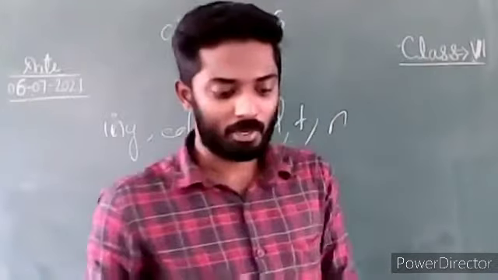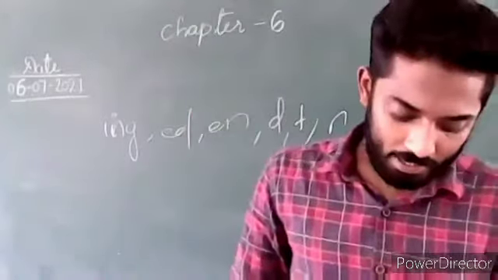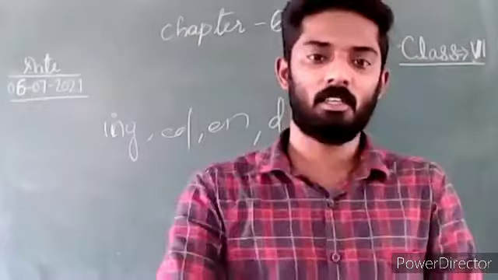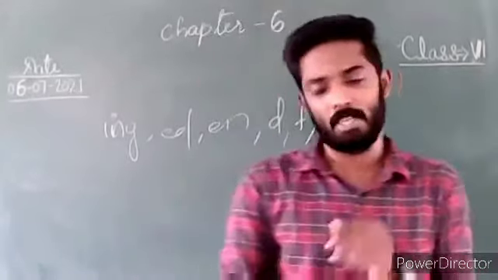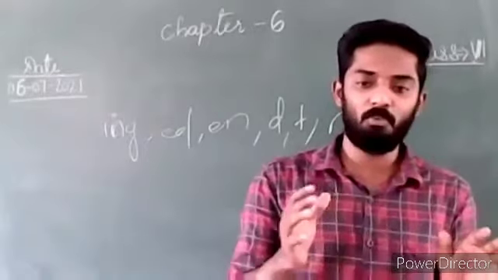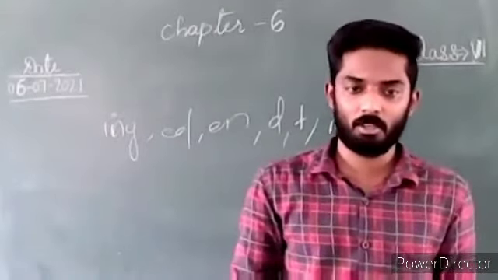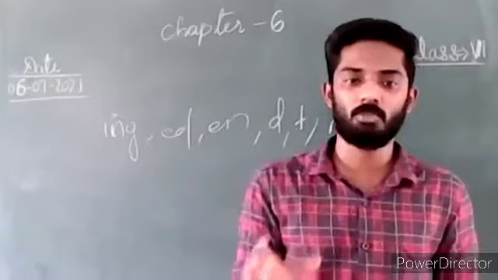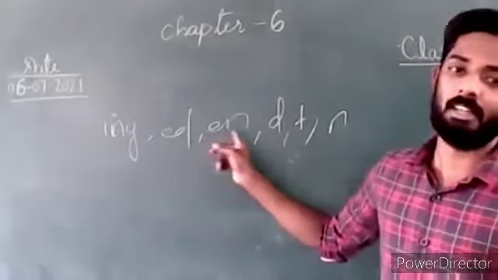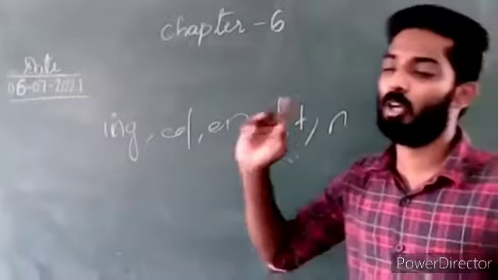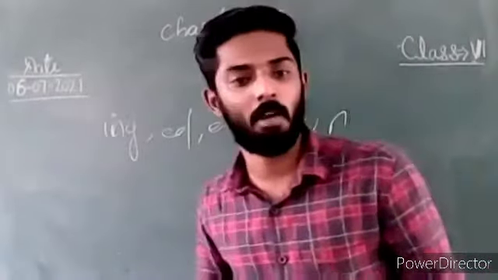So here we have the ing, ed, d, en, t, n forms of verbs in a sentence. Participle forms are these. The words ending with these forms, that is ing, ed, en, d, t, n forms of the verb in sentences, are known as participles.